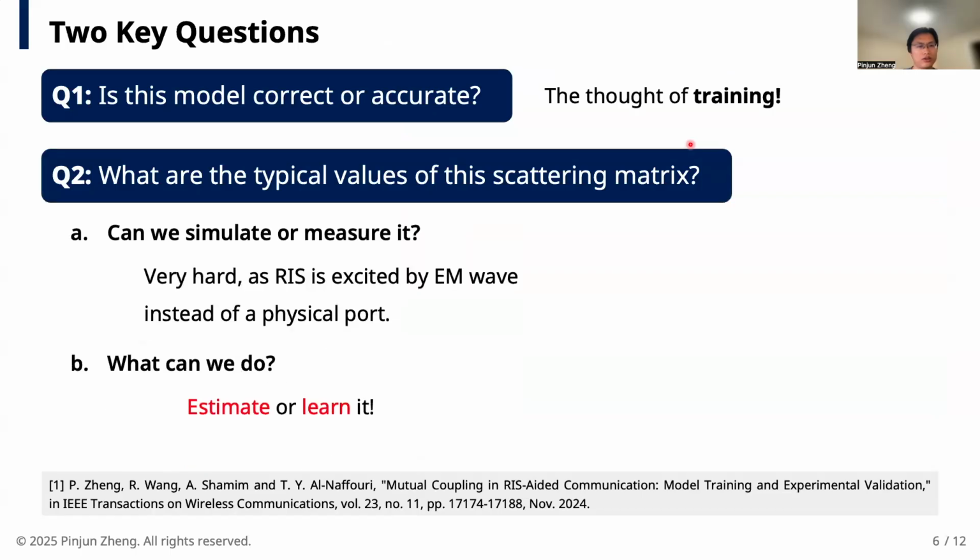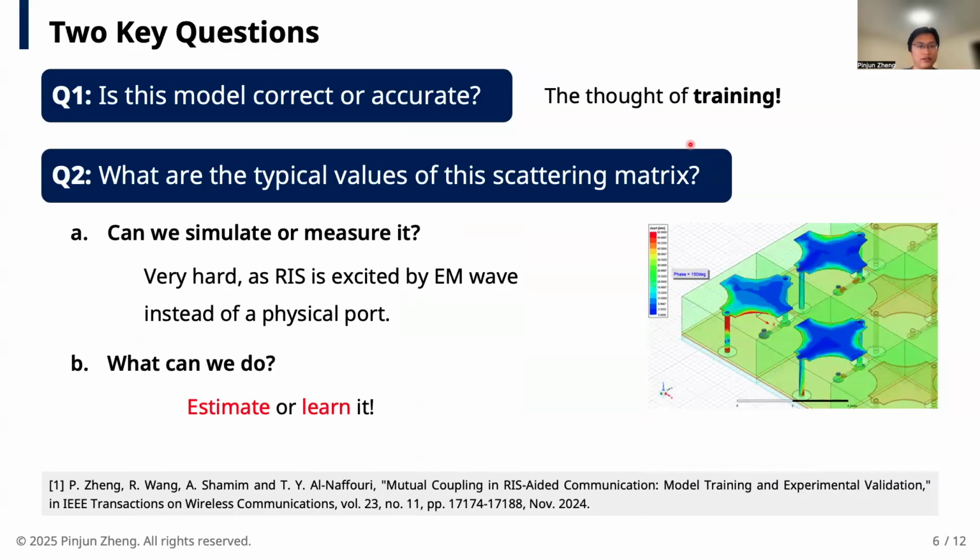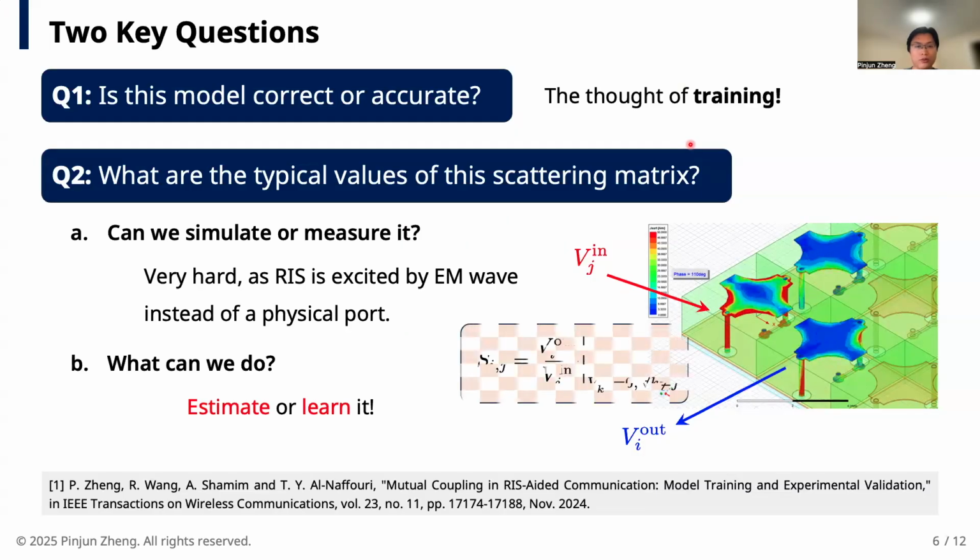To answer this question, the first idea we have is, can we simulate or measure it? But it turns out this would be very hard, as the RIS is excited by EM waves in space instead of a physical port. That means, based on the definition of S parameters, we need to activate one of the RIS elements and measure how much voltage has been induced at its neighbors.